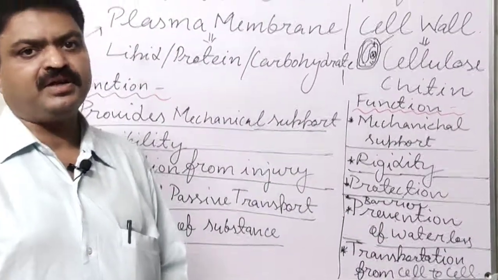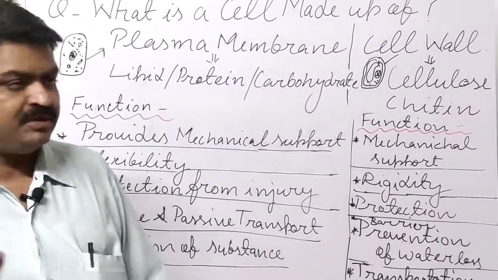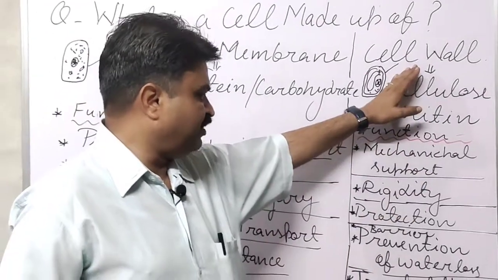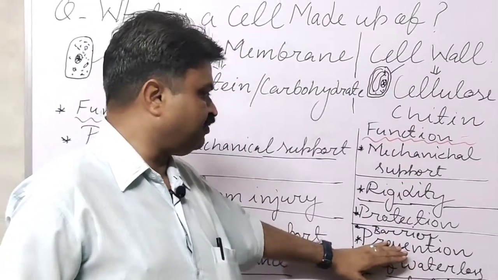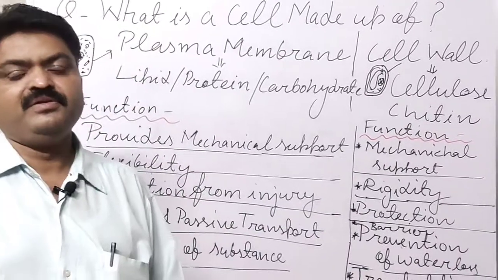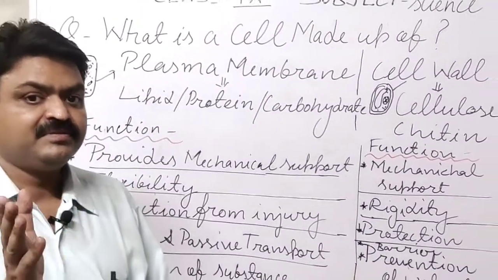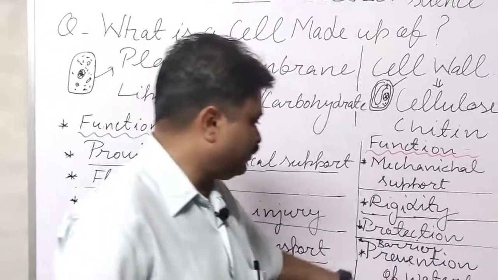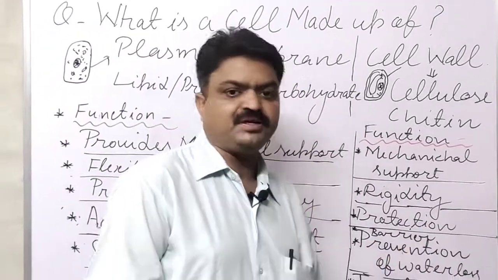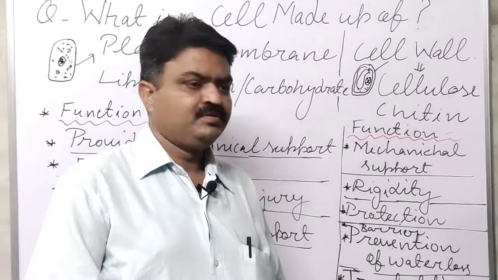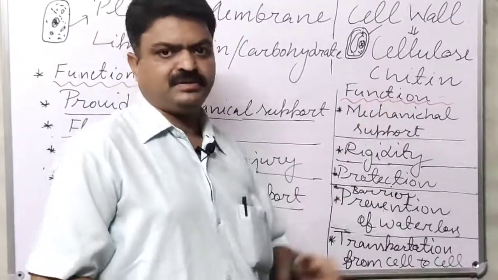Means the transportation from cell to cell is possible only with the help of the cell wall, but in the case of the external environment it acts as a barrier. Means it prevents the transportation of the substances from it. So it acts as a barrier also.